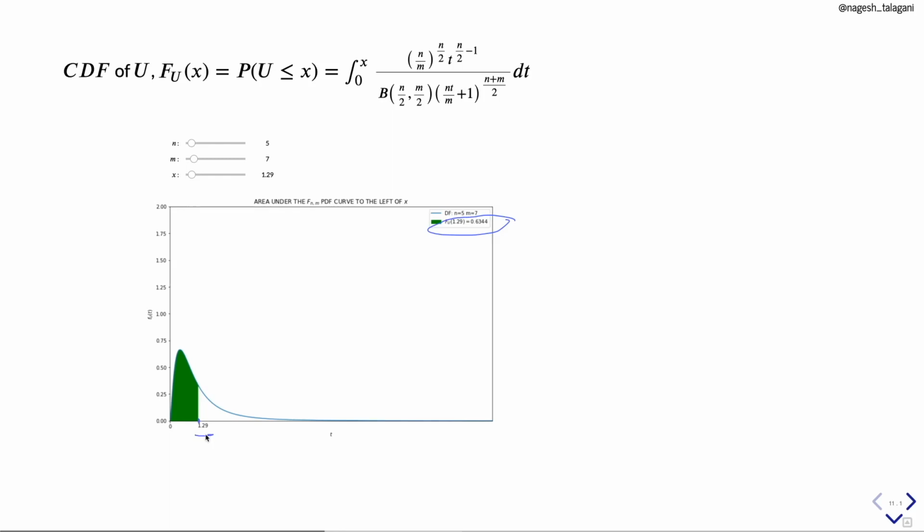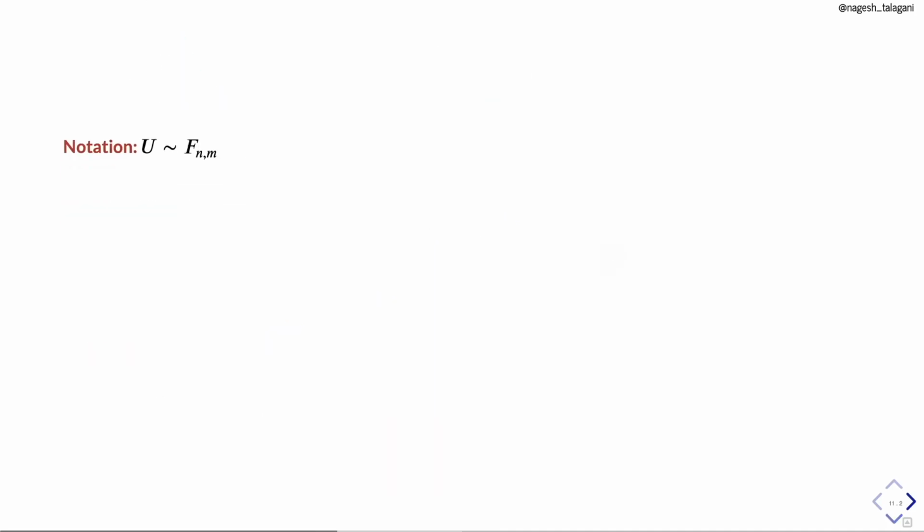This location is 1.29, so the area of this green shaded region is F_U(1.29), which equals 0.6344. So this is how you can get the CDF values of the F distribution for various values of n and m. Feel free to play with this. This is the notation; we read it as u follows the F distribution with n and m degrees of freedom.